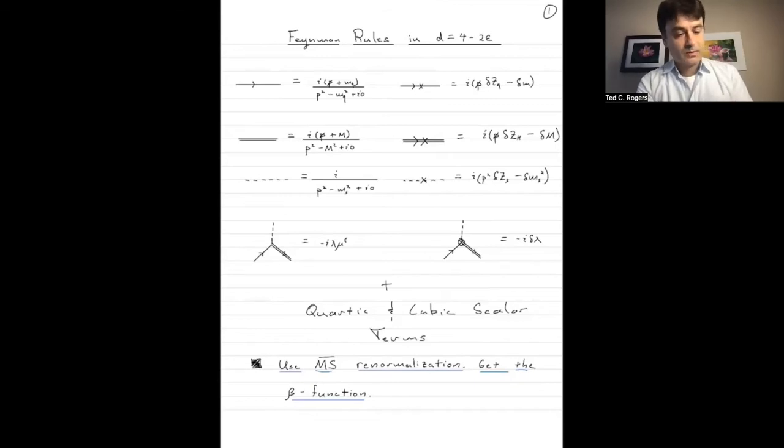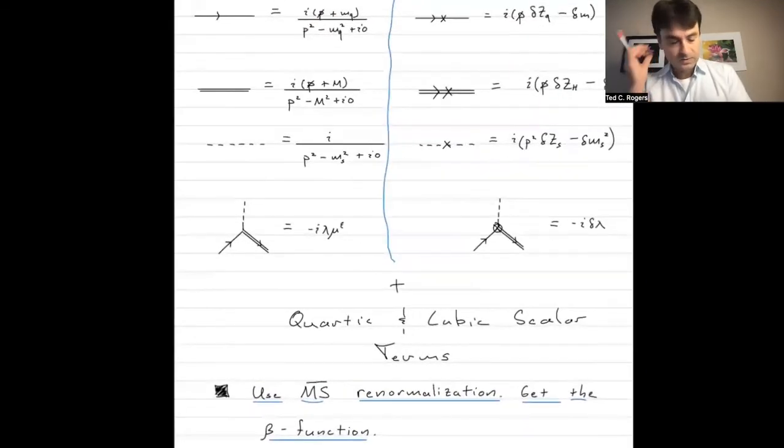Maybe I'll draw a line down the middle of this page to separate the regular Feynman rules here on the left from the counterterm rules over here on the right. And I hope none of this is surprising or mysterious after you've taken the QFT class.